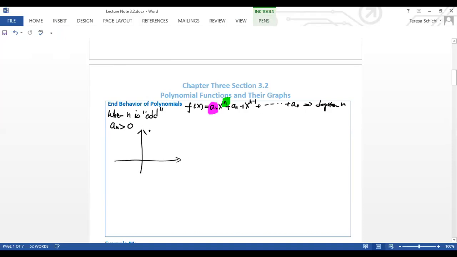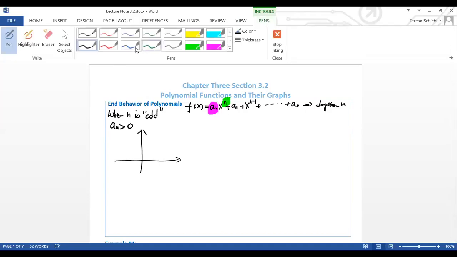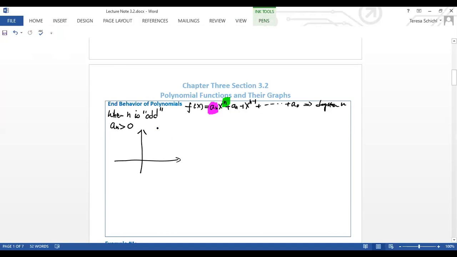Remember n is odd, so one leg has to go up and the other leg has to go down.